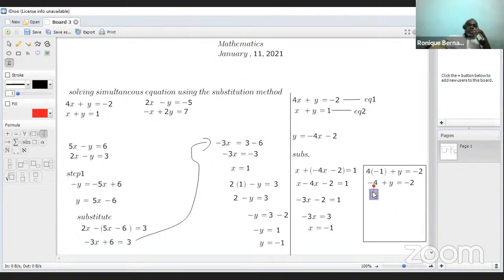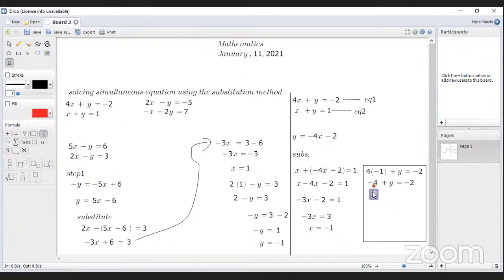What number, when added to negative 4, will give me negative 2? Anybody want to tell me? What number can I add to negative 4 to get negative 2?